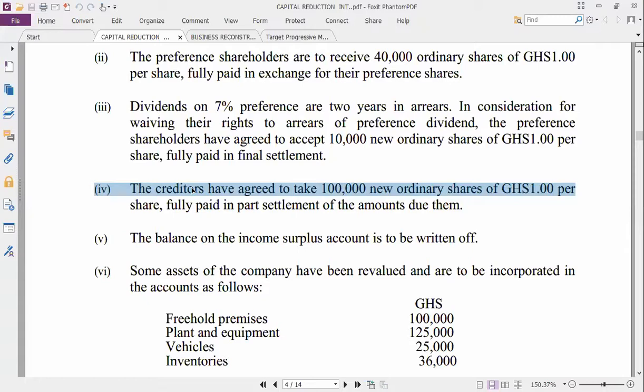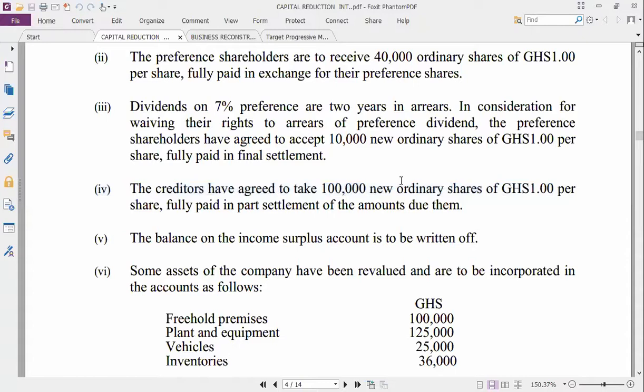So that means we are paying them 100,000, right? So we are issuing shares to pay. So first, the share capital has to be increased. So I'll add to the share capital. Second, I'll subtract from the creditors. Because if I owe them 200 and I'm paying 100,000 with shares, it should reduce the amount that I owe them.